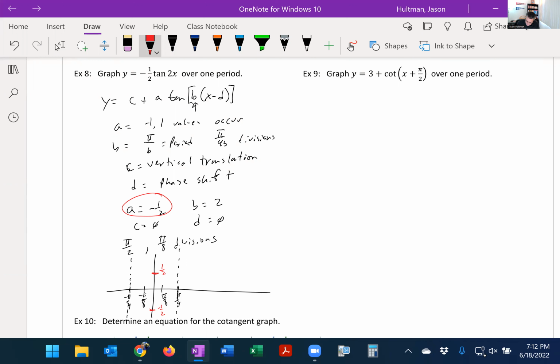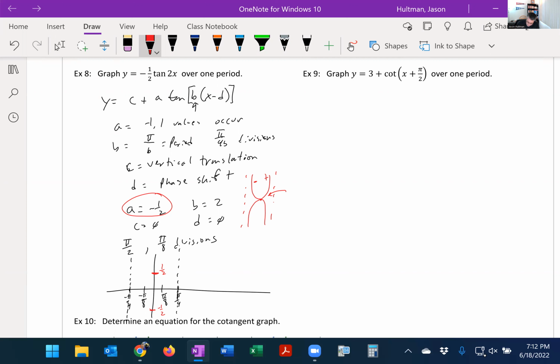The original tangent function looks like this, but if I throw a negative in there, it's going to flip it upside down. This is if it's a negative, and this is if it's a positive. So a negative flips it upside down, a reflection with respect to the x-axis.